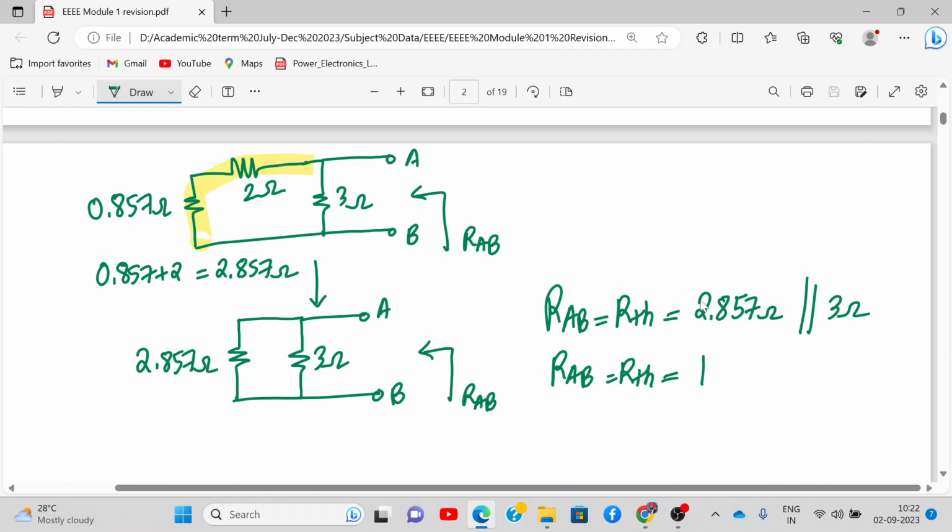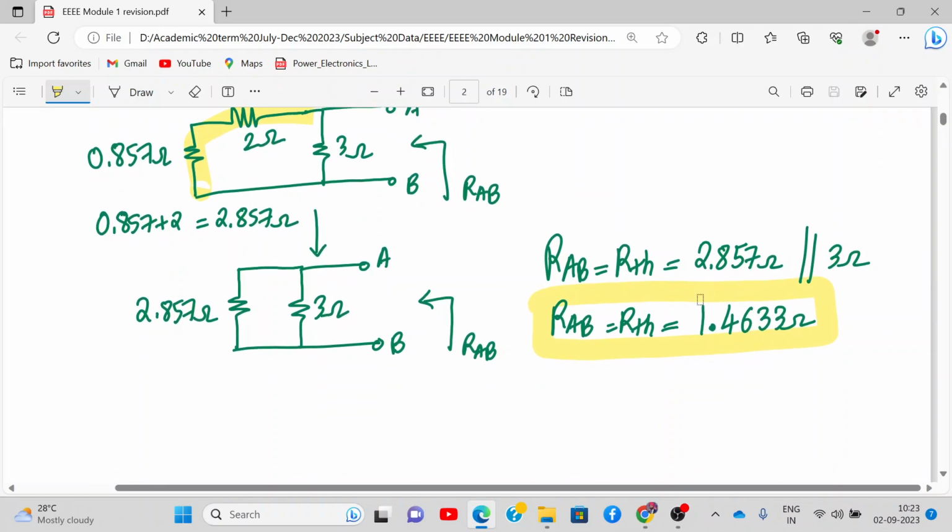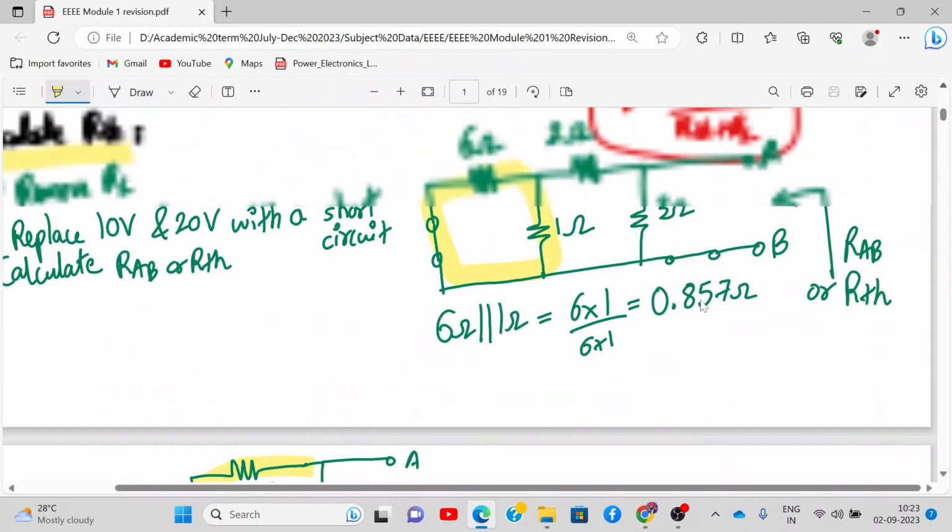I am getting this as 1.4633. Please cross check at your end whether RAB is correct. Yes, sir, it's correct. Alright. So it is clear what we have done so far.